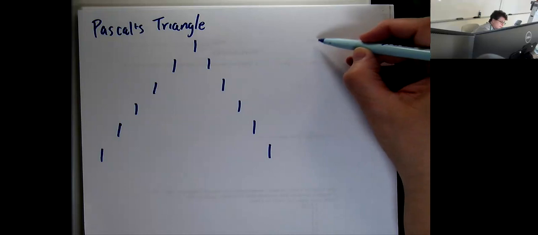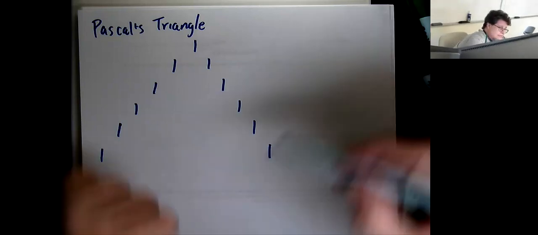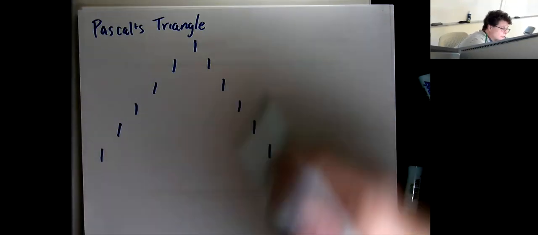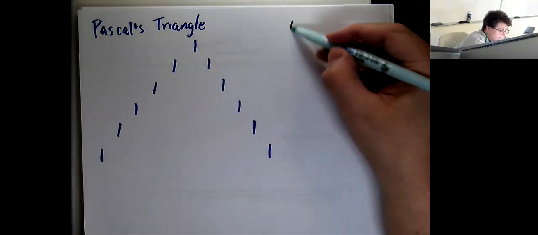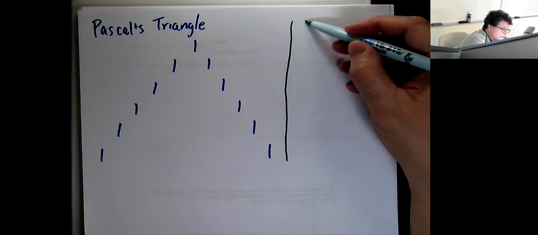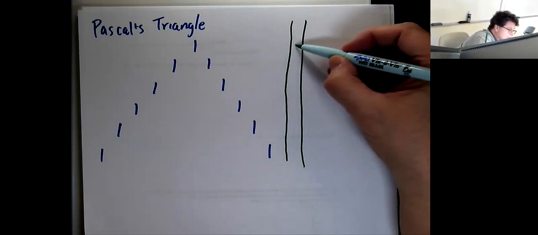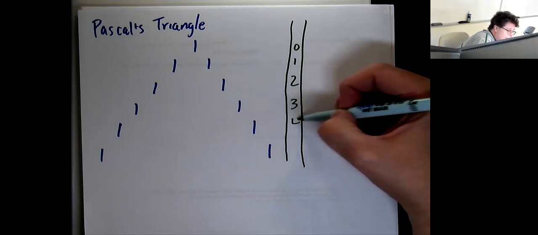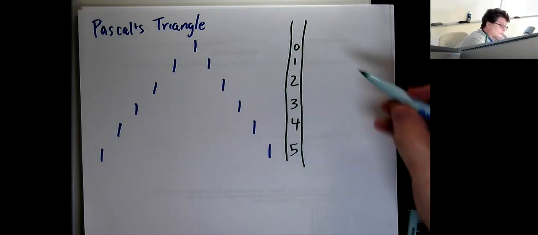This is the top line. The top line represents the zero. So I'm just gonna make a little list over here. This represents 0, 1, 2, 3, 4, 5. I've got 5 listed so far.